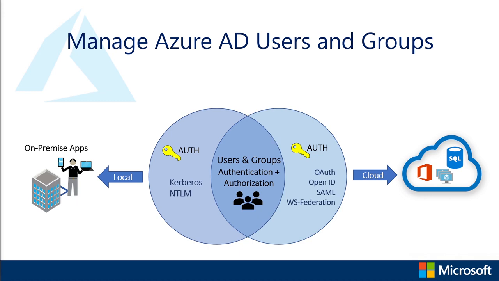But guess what? On-prem, we have the traditional one, the usage of Kerberos, the usage of traditional Windows authentication, Windows Forms, Windows services, the usage of NTLM and LDAP as a protocol to communicate. While when we're working with cloud, we have OAuth, we have OpenID, we have Windows Federation, we have SAML tokens. This means that we can use Facebook, Twitter, we can use Google, to authenticate in Azure.